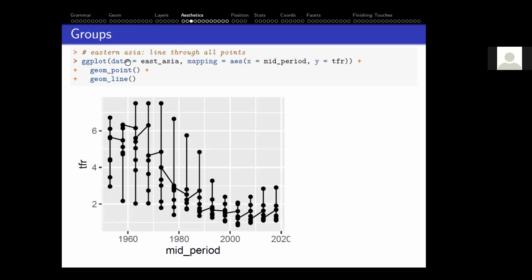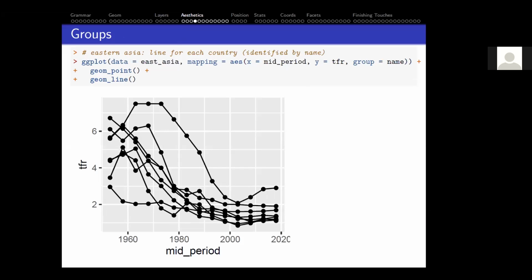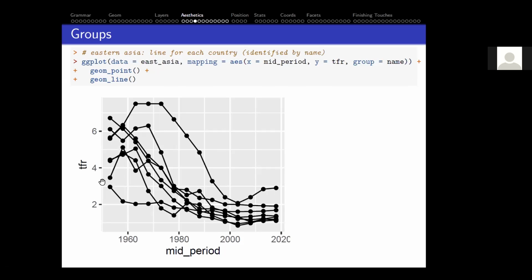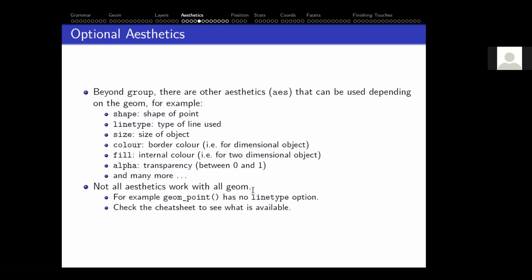Here we do geom point and geom line, and there's nothing in here telling us that we should have separate lines for the different countries, right? We need to figure out how to do this in ggplot. The solution is to use the group argument in the aesthetics. Here we set the group to the country name, to this column here. This allows us to separate the lines for each country to see the change in the TFR.